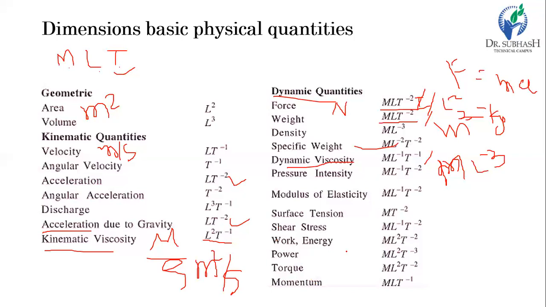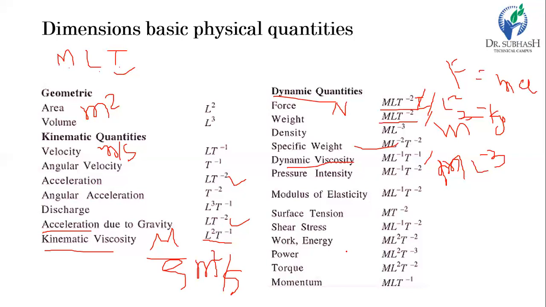So these are the fundamental dimensions of the different physical quantities. And if you know these fundamental dimensions, or how to derive them, only then can you go further in this chapter. Otherwise, you cannot solve any of the problems, or you cannot understand anything in this chapter, if you don't know the fundamental dimension or how to derive the fundamental dimension of physical quantities.